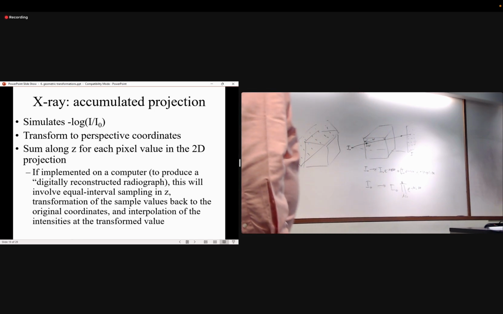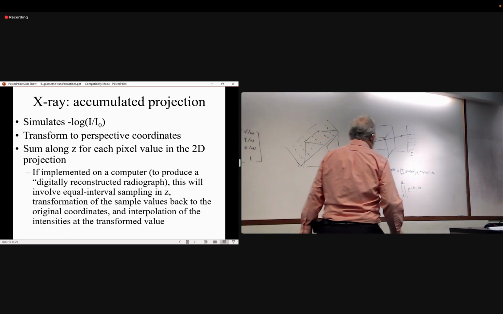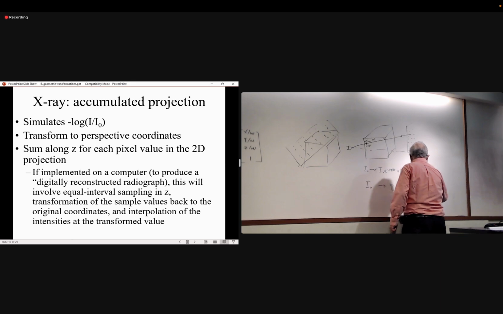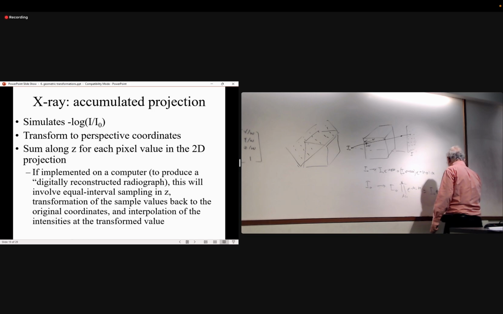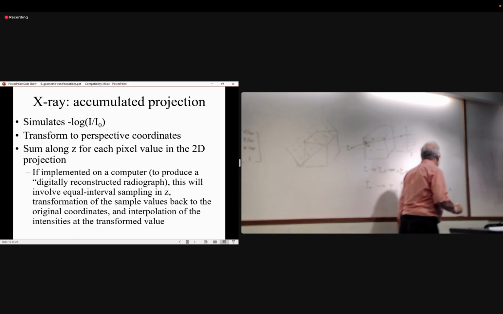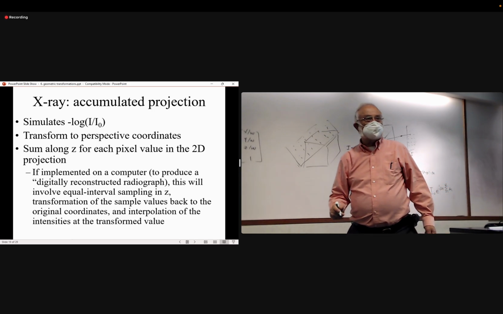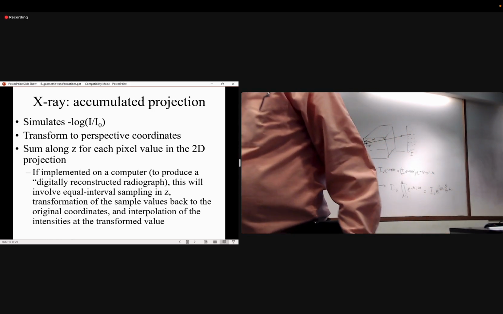The mu's are called attenuation, which is the same, of course, as I0 e to the minus delta x times the sum of the mu i's. Right? Because that's how exponential works.